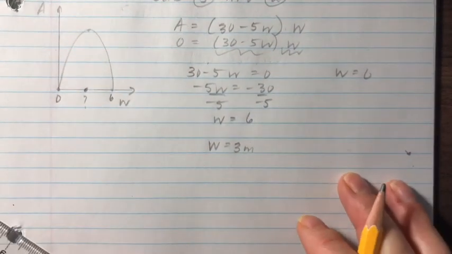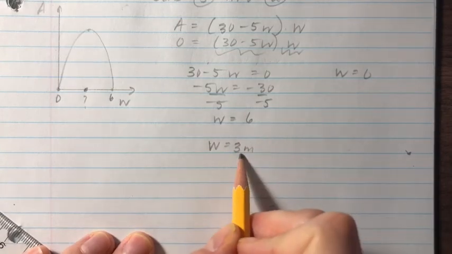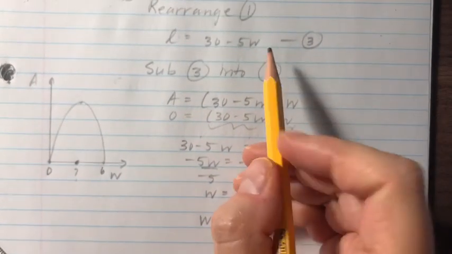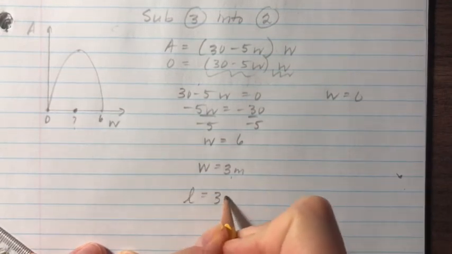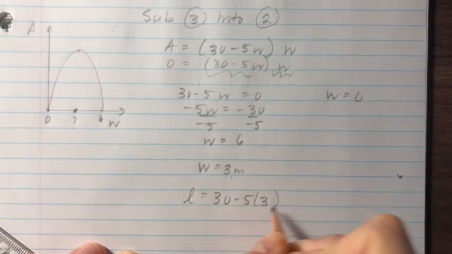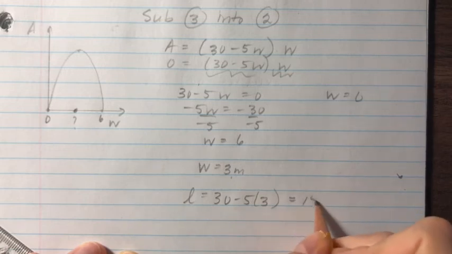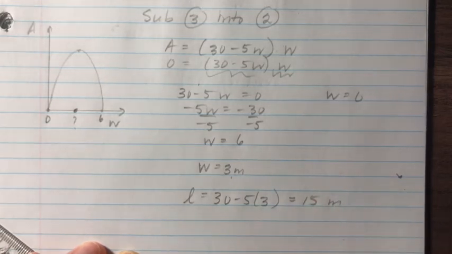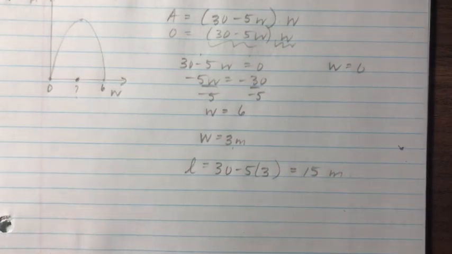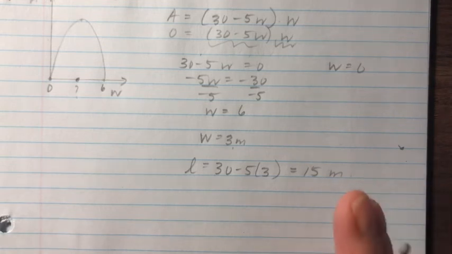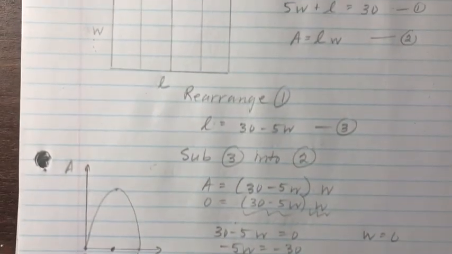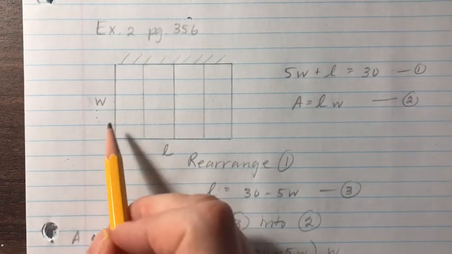Now to find the length, we simply sub this value of 3 meters back into our third equation here. And the length ends up being 15 meters. So the dimensions that will maximize the entire enclosure would be 3 meters by 15 meters. We're also asked to find the dimensions of each dog run.